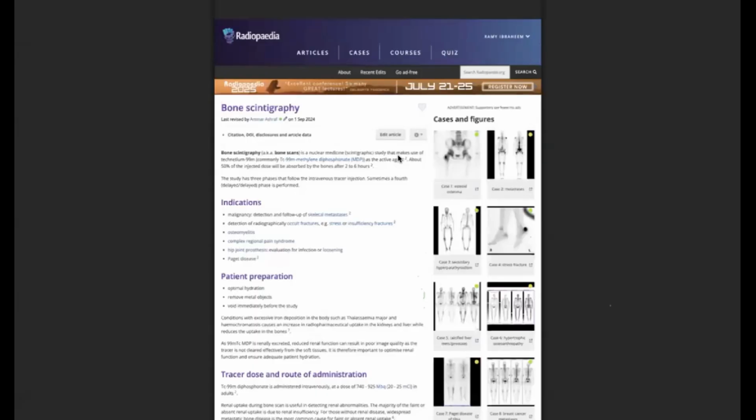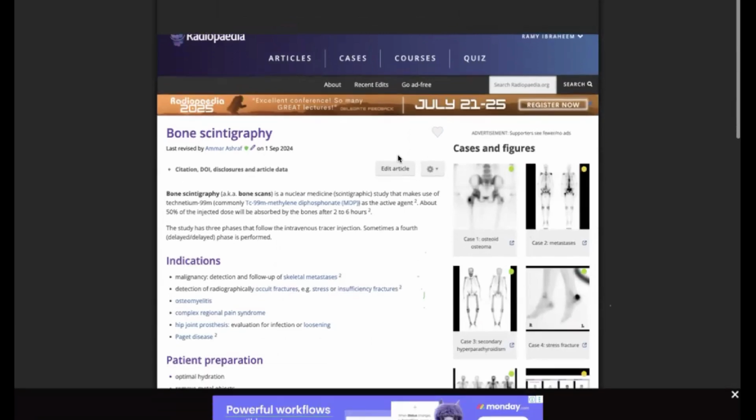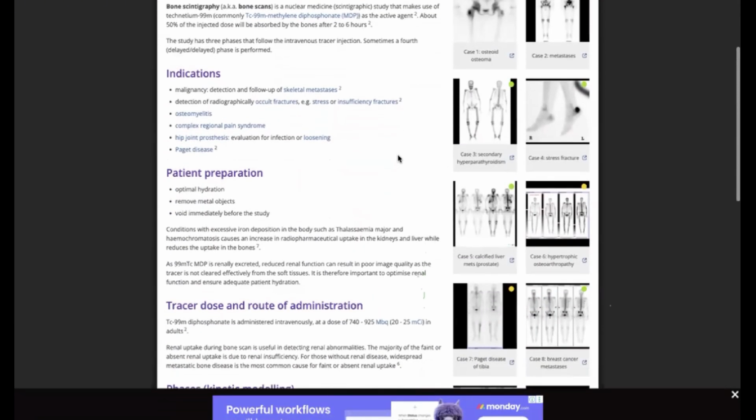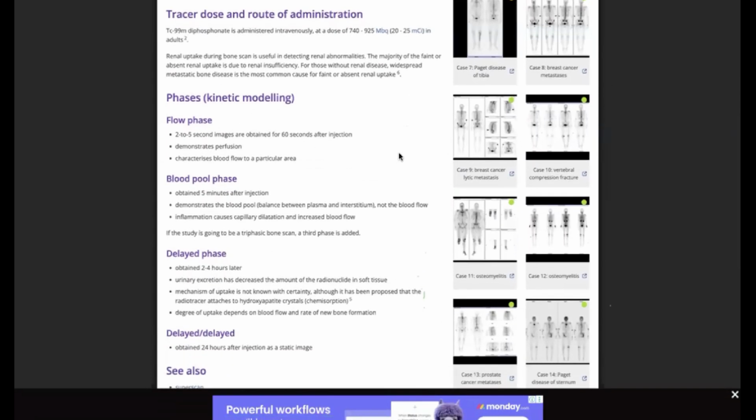Thank you so much, my colleagues. About bone scintigraphy, it is very important. I will take 5 minutes to revise our knowledge. I think many of us know it, but there is no problem if we revise it again. The tracer is technetium diphosphonate.